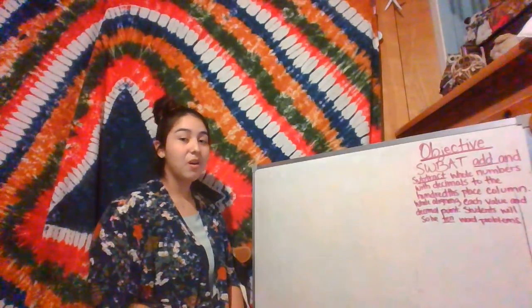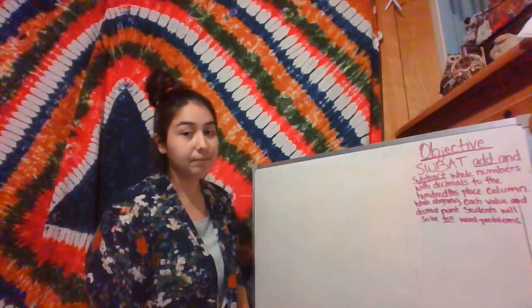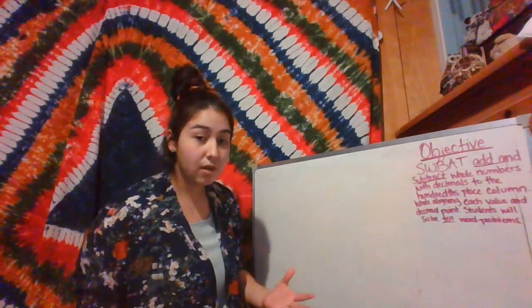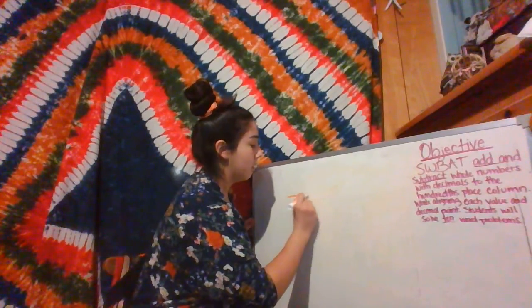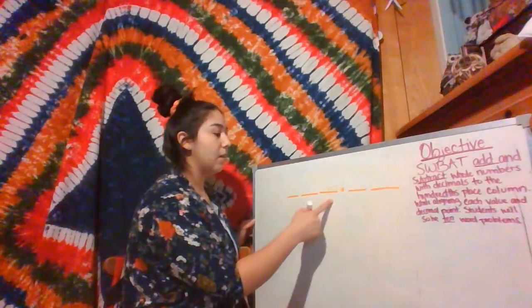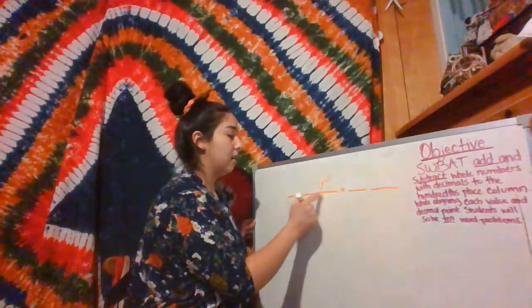Yes. Now, we're going to take what we learned yesterday and apply it in today's lesson. We're going to be adding in the hundredths place. So we all know, you are very smart 4th graders. Can someone tell me what place value this is? The ones, that's right.